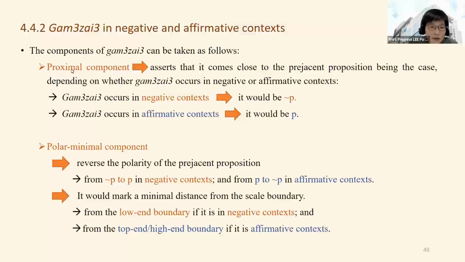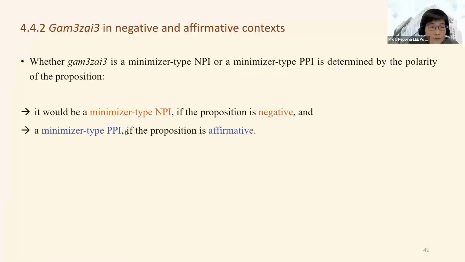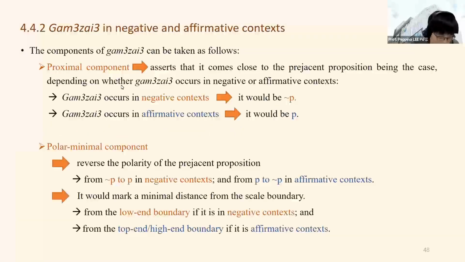So if you look at this, how the entire story operates over here. The components of 咁滯 can be taken as follows. The proximal component asserts that it comes close to the projected proposition being the case, depending on whether 咁滯 occurs in a negative or affirmative context. If 咁滯 occurs in a negative context, it will be negative p as shown here.